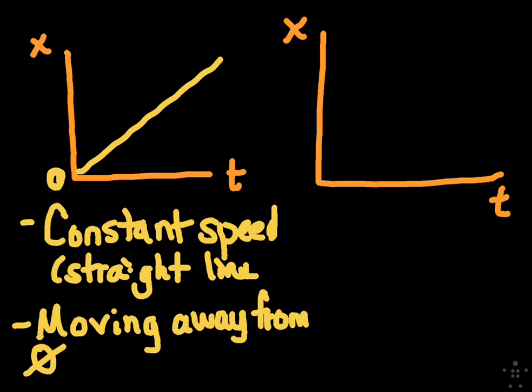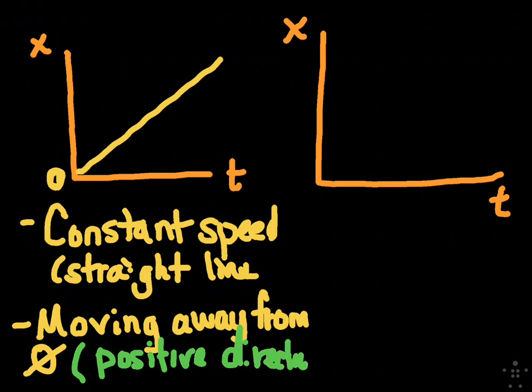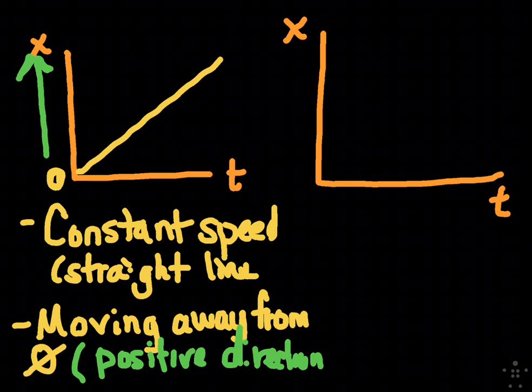Another way to say that is that the object is moving in the positive direction. Because if I look along the position part of my graph, the numbers are going to increase. And as this line goes, the position is going away from 0, so I'm getting more positive numbers as the object goes.